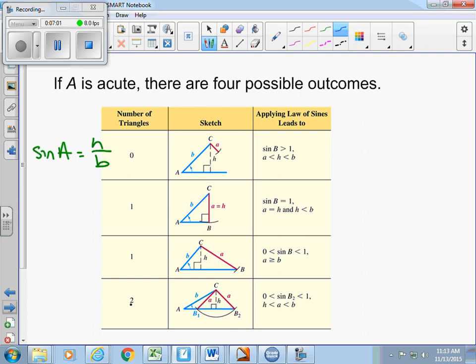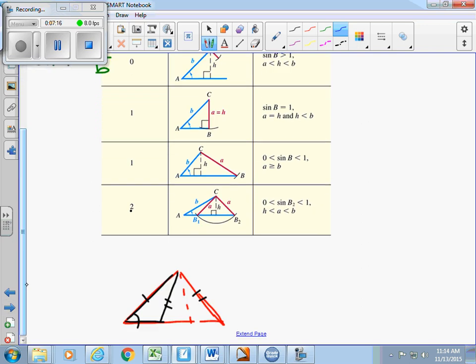If side A is bigger than H, then you only have one triangle, and it's that picture here. Side A is bigger than the height. That's probably the one you would have drawn. That's probably what we would have thought would happen. Is if side A is bigger than H.